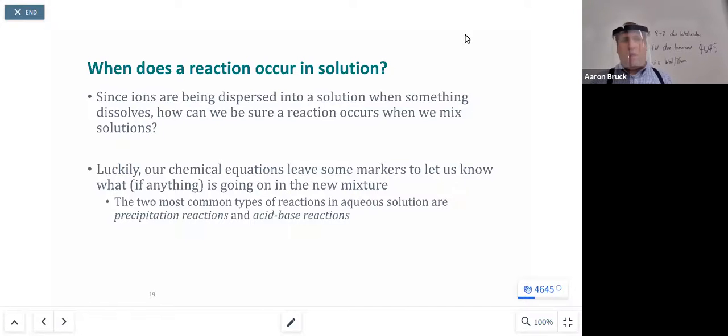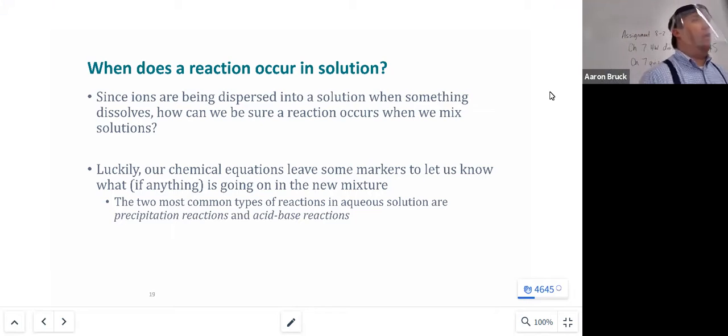So our primary idea today, the thing that we're going to spend most time doing, is looking at questions like this. When do we know that our reaction has actually taken place in a solution? And the reason we have to ask this question goes back to what we were talking about on Friday and in lectures before that.